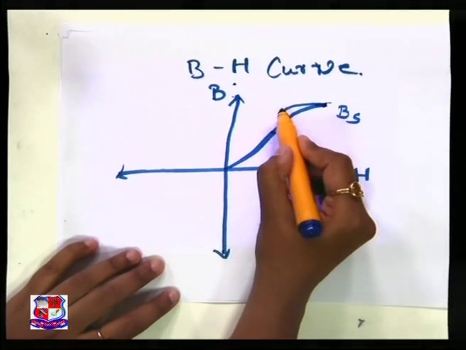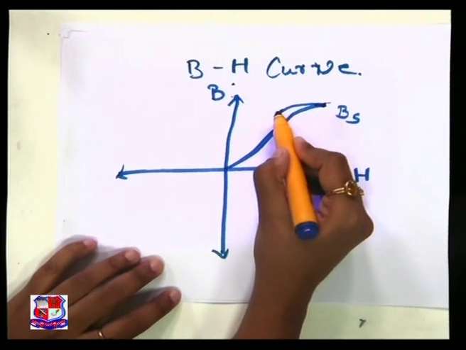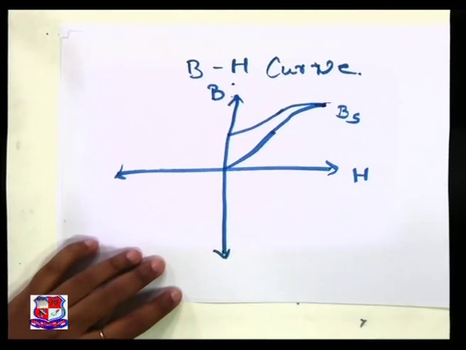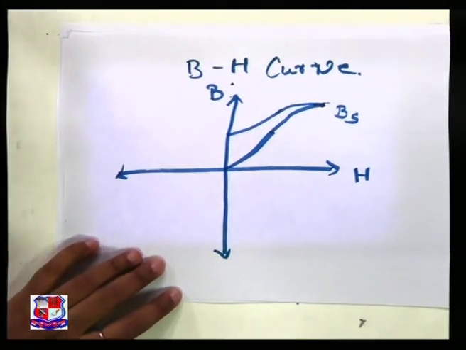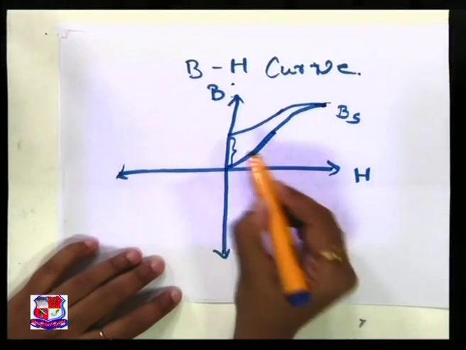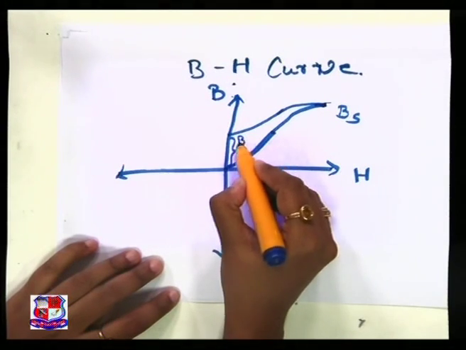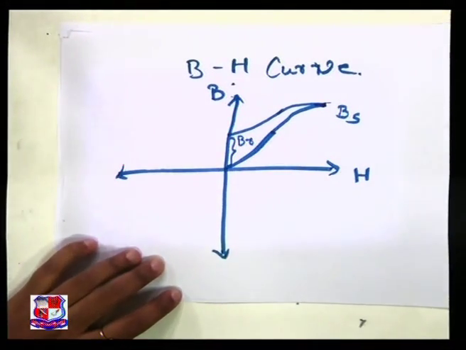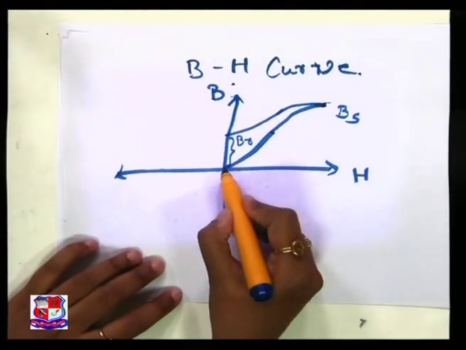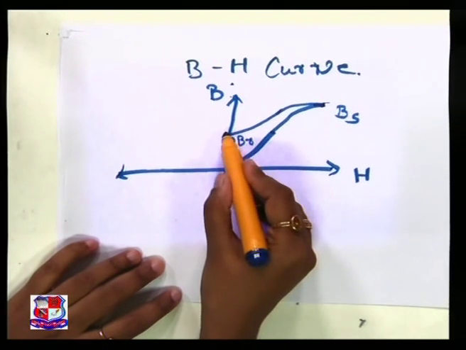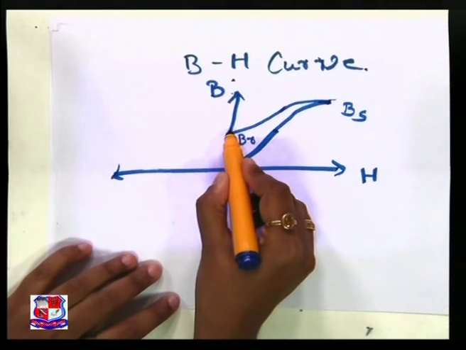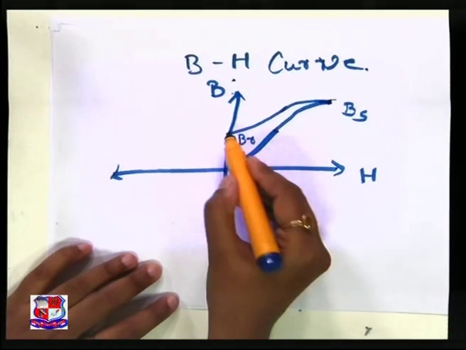It will trace another path, and it will reach somewhere here on the y-axis. So this is called retentivity or remnant flux density, BR. Okay, now here H is 0, but B certainly has some definite value. So this is called retentivity.